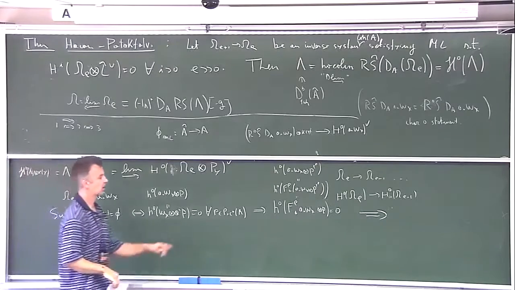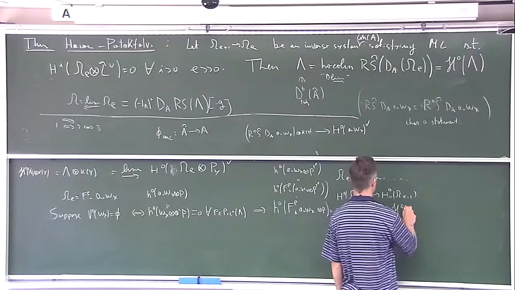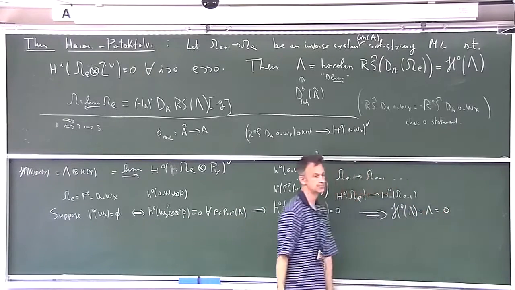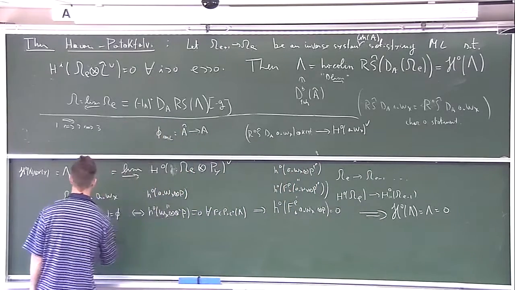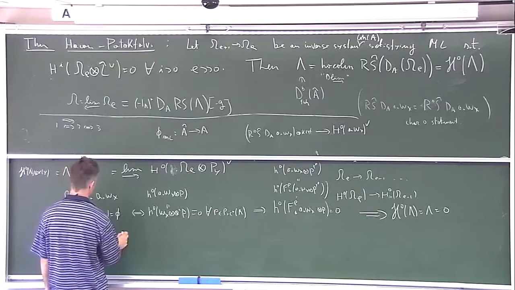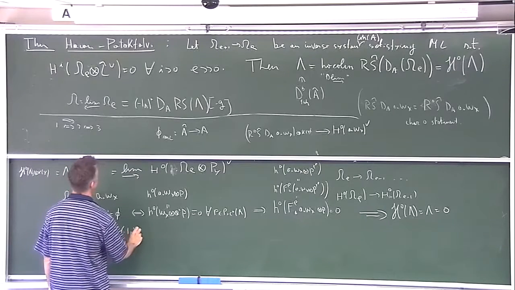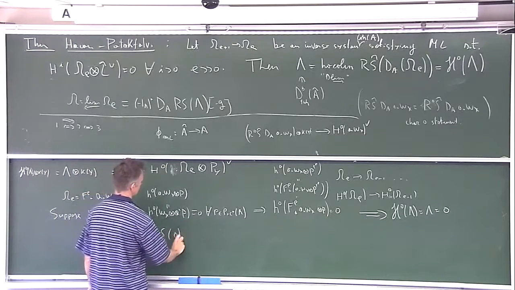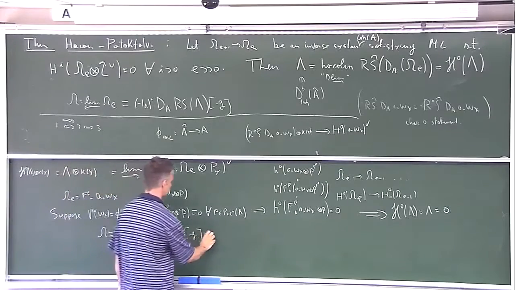So if these are 0, that's telling me that H0 of lambda, which is equal to lambda, is equal to 0. But then omega is equal to minus 1 A upper star dA Rs of 0 shifted by minus G. Whatever you do to 0, it's still 0.